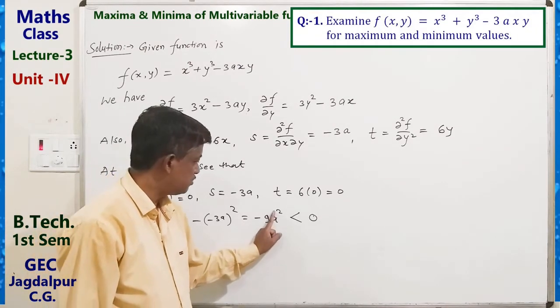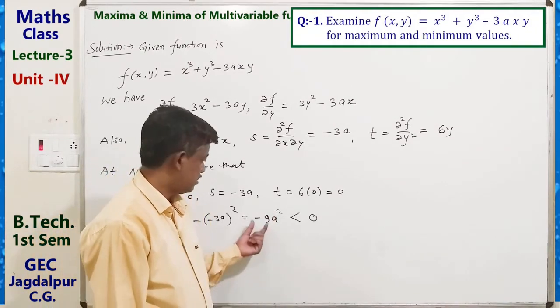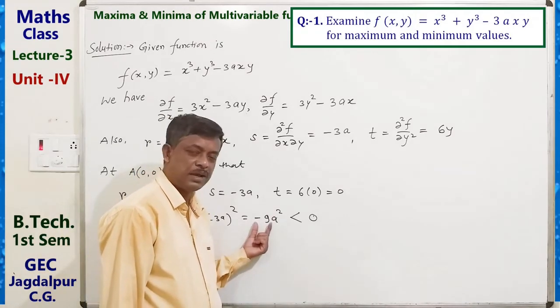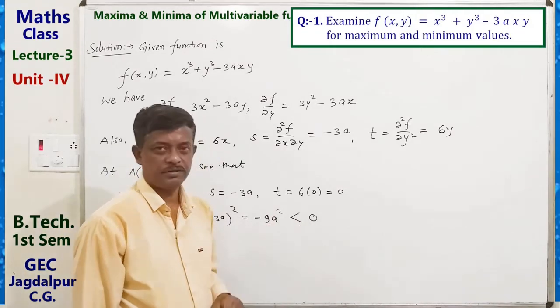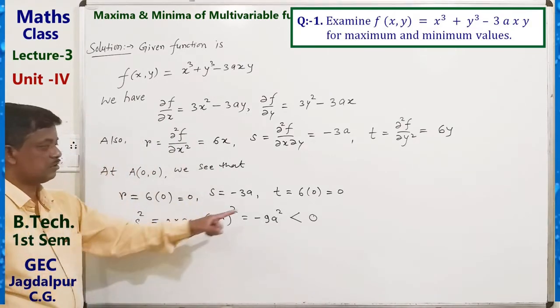A square is positive and this minus makes it negative. So rt minus s square is negative.